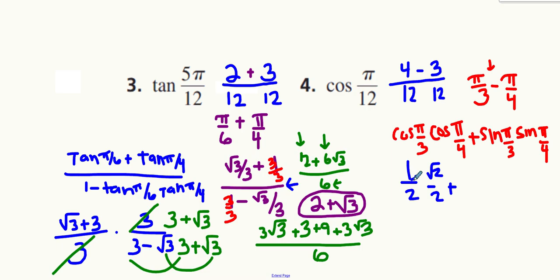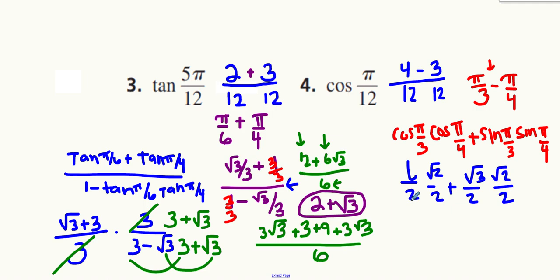Yeah, that's right. Okay. 1/2. So cosine of pi over 3 is 1/2, and sine of pi over 3 is root 3 over 2. And then pi over 4, not that it really matters, because it's addition anyway. All right, root 2 over 2.